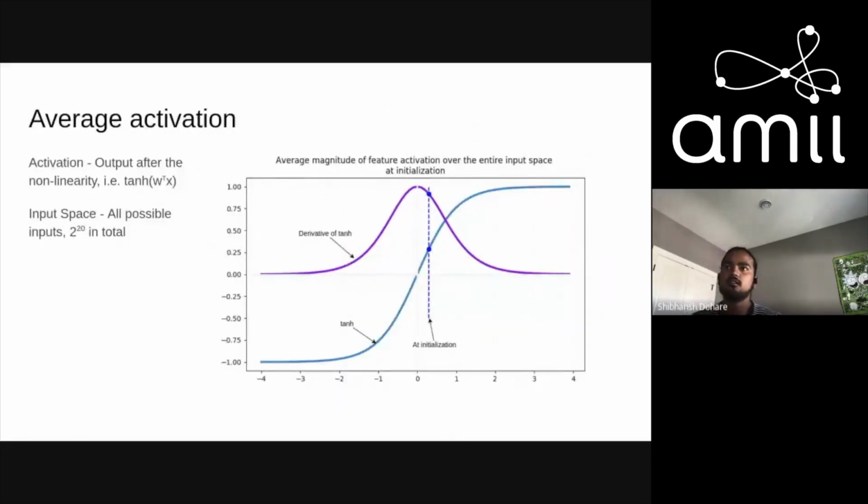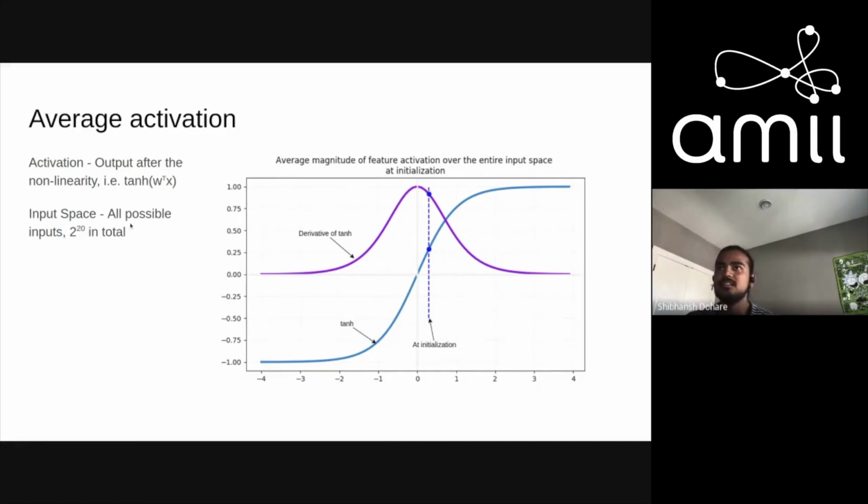So let's look at the nonlinearity that we are using. What we are using here is the tanh activation. When I use the word activation, it refers to the output after the nonlinearity, which is tanh of W transpose X. And if you look at the derivative of tanh, this is the purple line. You can see that the derivative is high when the output of tanh is close to 1.